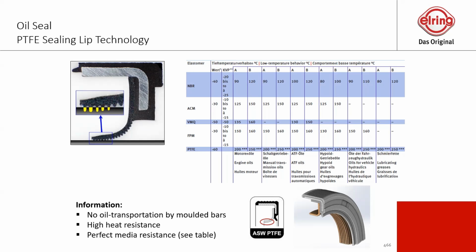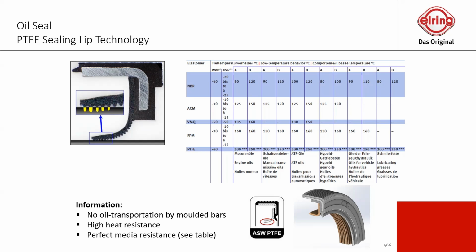Based on that, they were one step ahead to fit the new emission standards. One thing for emissions is to reduce the fuel consumption, and to reduce the fuel consumption, there was the idea to reduce the friction on different kinds of parts. So they said, if we can reduce the friction of the shaft against the oil seal, we can also save fuel.